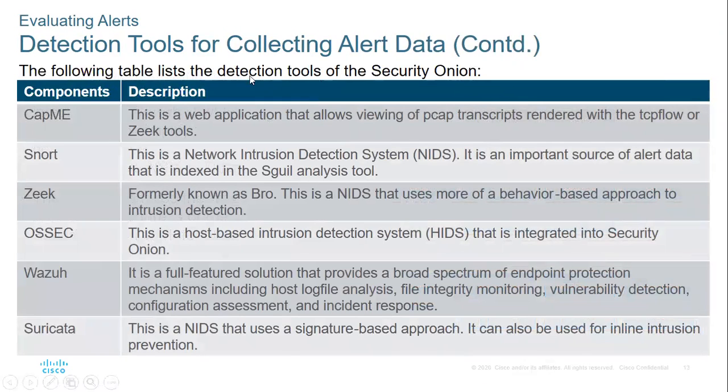We have CapMe, a web application that allows viewing of pcap transcripts coming from Wireshark or tcpdump. Then Snort, as I said, is a network intrusion detection system. It sends whatever is happening to it to Sguil.